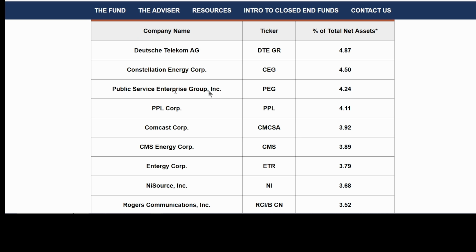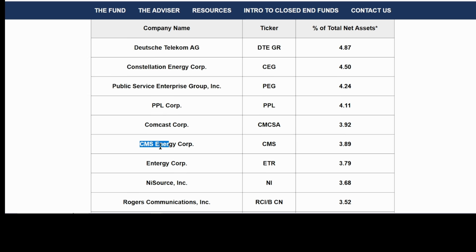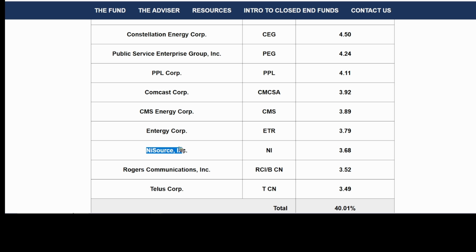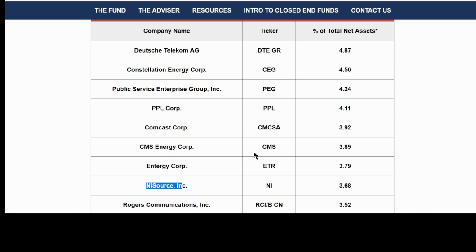Now, what are the brilliant stocks in here that more than double the XLU dividend? Let's see. Deutsche Telekom, pretty boring. Constellation Energy, PPL, Comcast, CMS Energy, Entergy, NiSource, TELUS. All of these do not have dividends anywhere close to 8%.